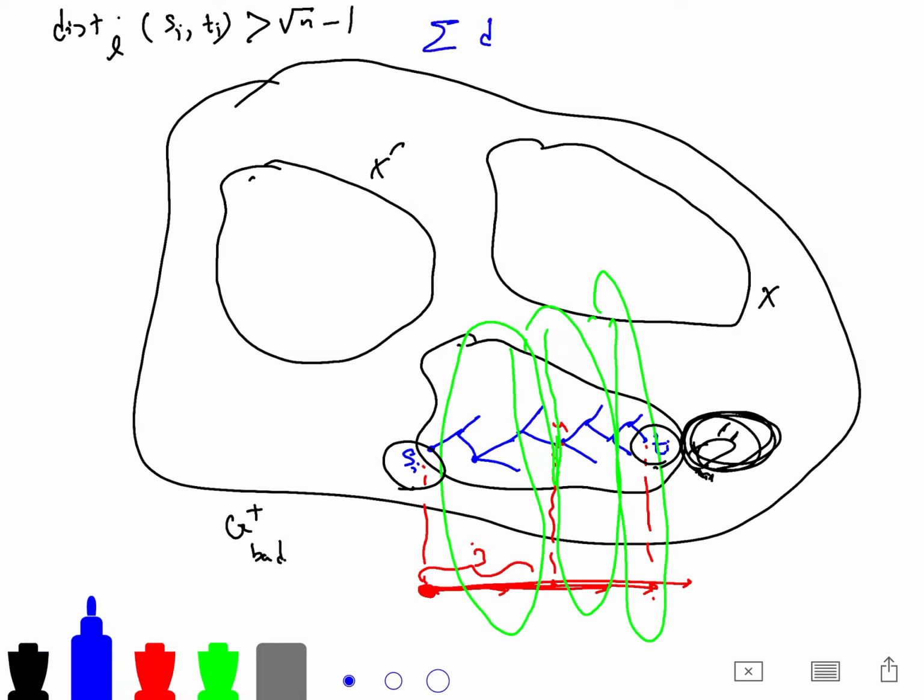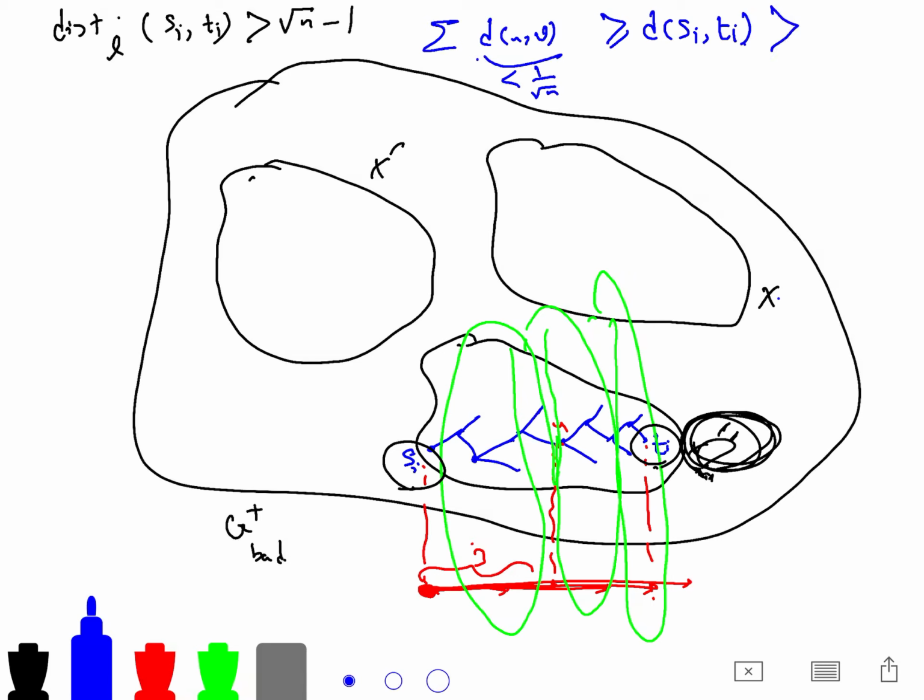So we write d_uv. Remember that each of them is less than 1 over root n. So this is greater than d of Si and Ti because it's the shortest path. We just use the triangle inequality.